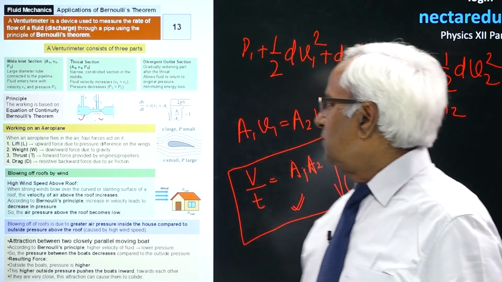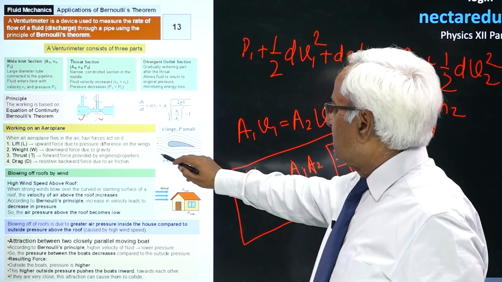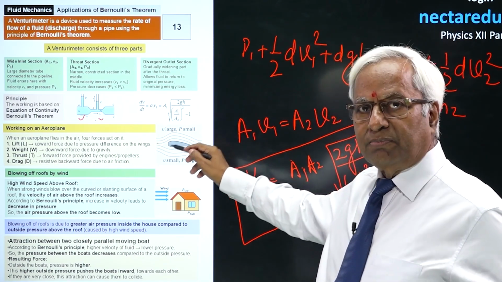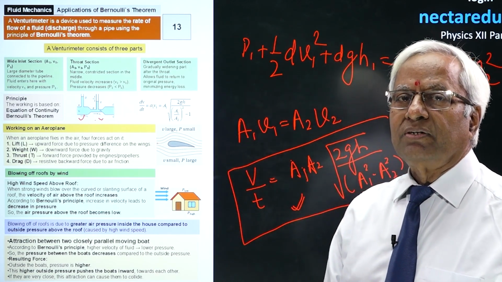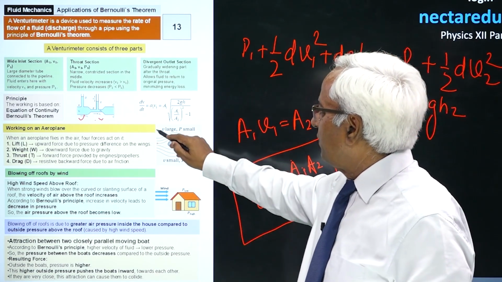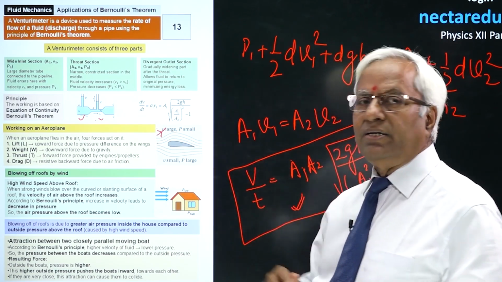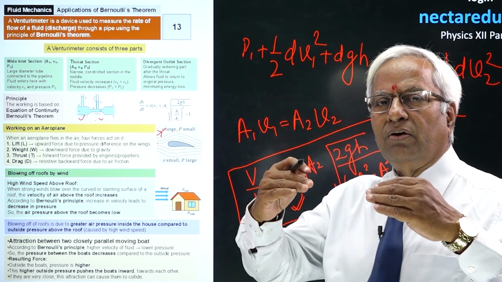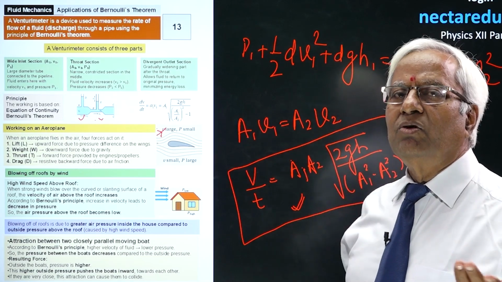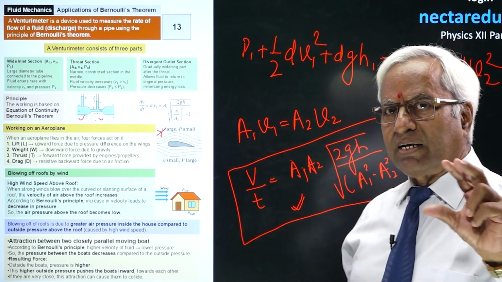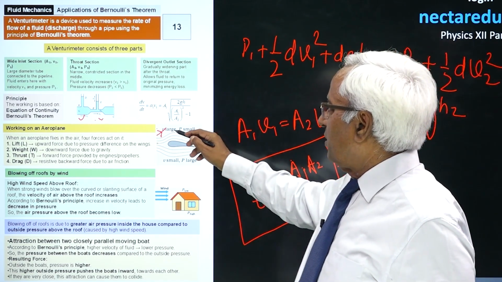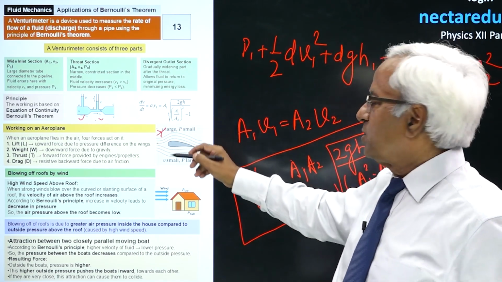If you are enjoying the facilities of the aeroplane, you have to assign the credit to both Bernoulli and Newton as well. You see, here the propeller has been shown. The upper part of the wing is curved, and that way the velocity will also be greater above the wing. When the velocity increases, as in Bernoulli's theorem, the second part I told you, when the velocity is large, the pressure would be smaller.